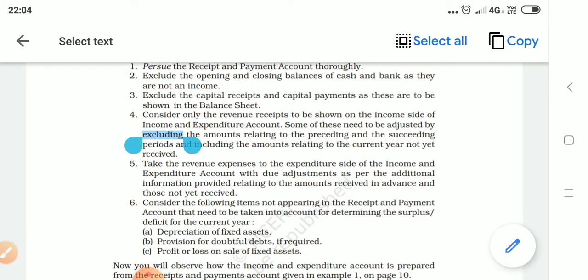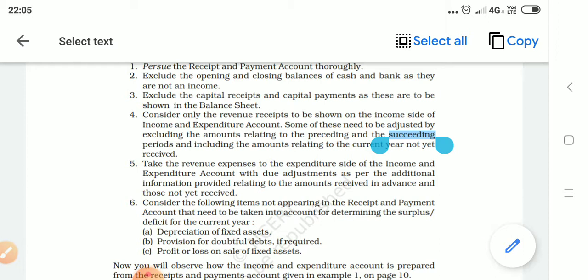Excluding the amounts related to the preceding year or succeeding year. Any income received which belongs to the previous year or to the next year will appear on the receipt side because cash is coming in. But this has to be excluded as this bill does not belong to the current year.